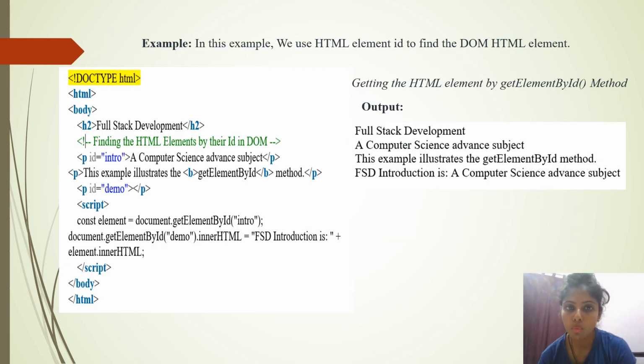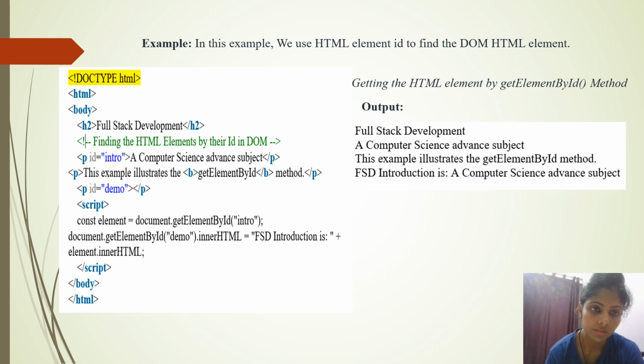Let us talk about an example of using the HTML element ID to find the DOM HTML element. Here is a small example which we have used: the HTML body with the heading Full Stack Development. Then finding the HTML element by its ID in the DOM. Already we have seen the content right before.